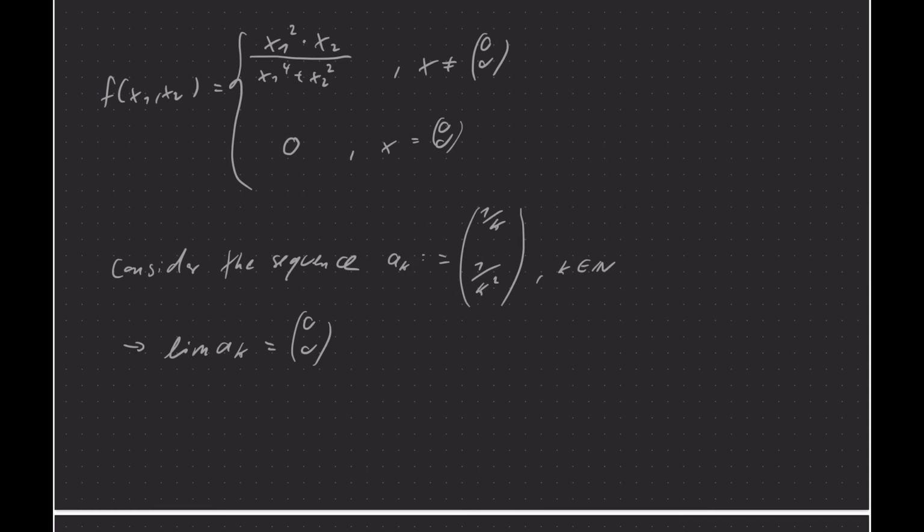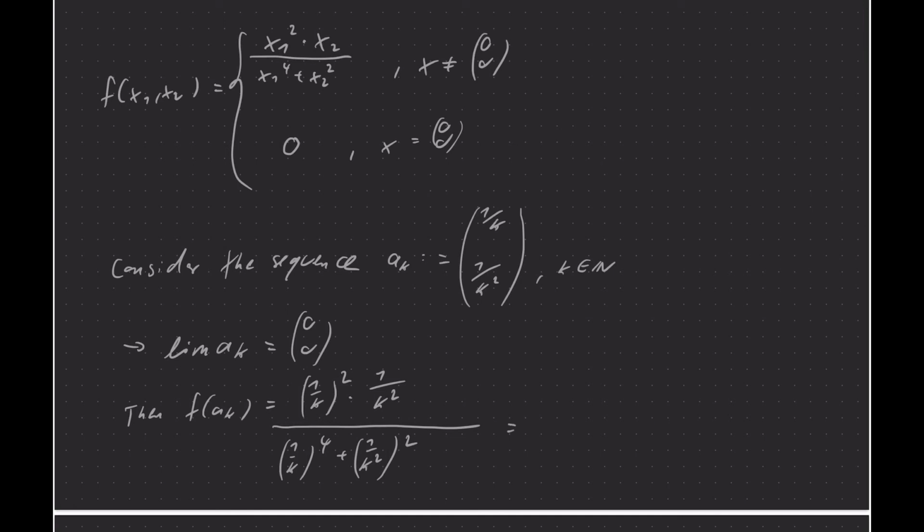So what we get is f of a_k. a_k is never equal to 0, so we only need to consider the first case. And then we can just substitute into the function definition. So we get x1, which is 1 over k squared, times x2, that is 1 over k squared, divided by 1 over k to the fourth plus 1 over k squared, squared.